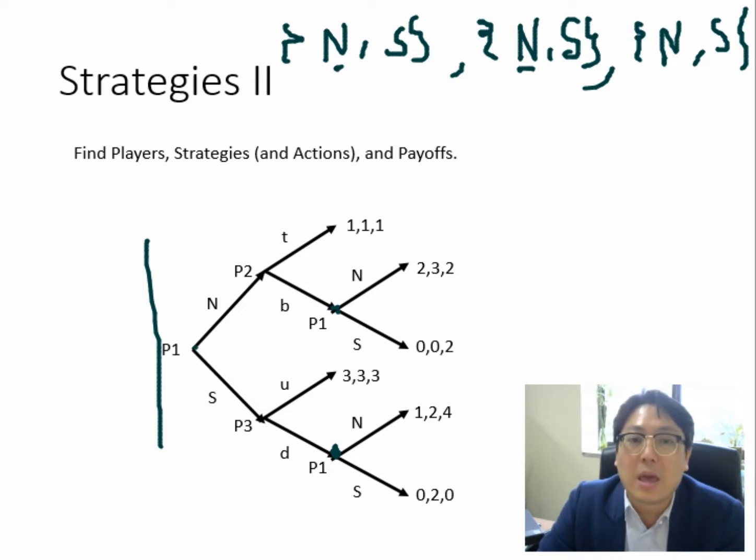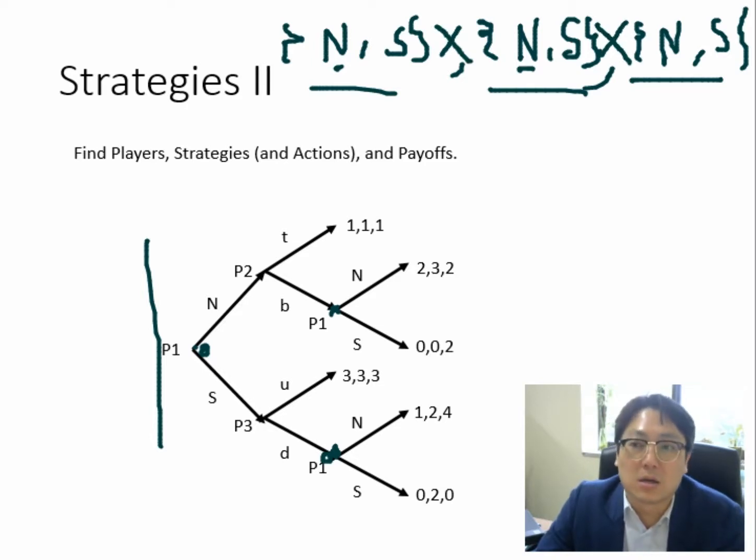Well, at each different contingency that happens, the player will choose an action. So the strategy set will be derived by finding the Cartesian product of these three strategy sets. So actually, this is a strategy.